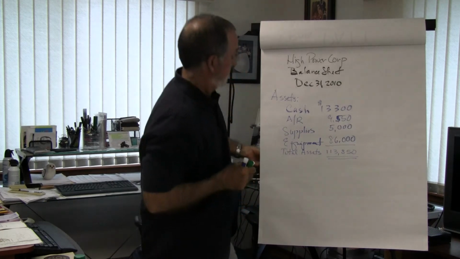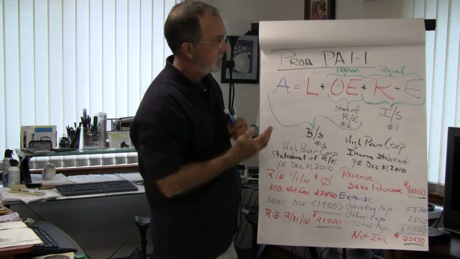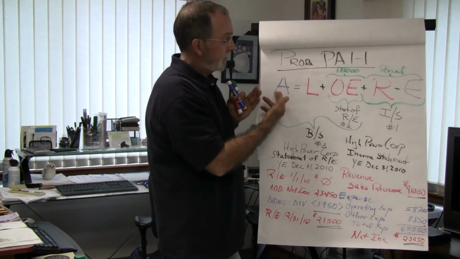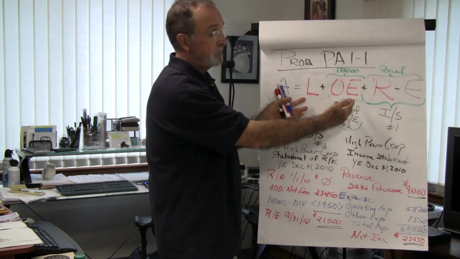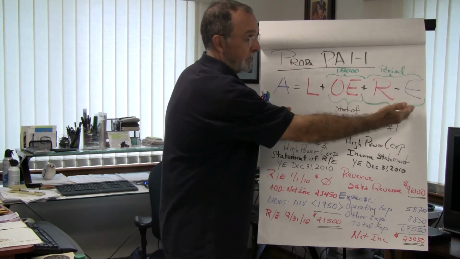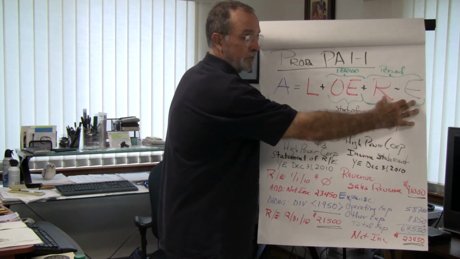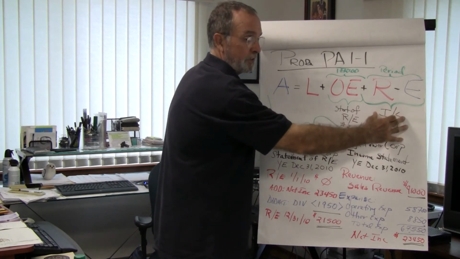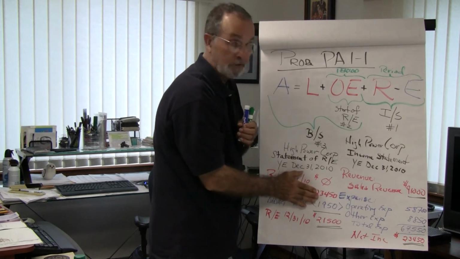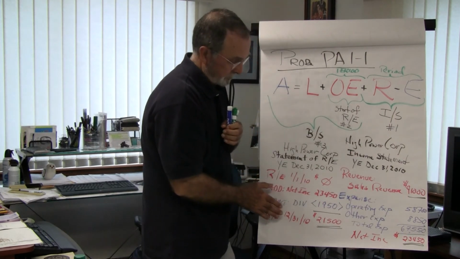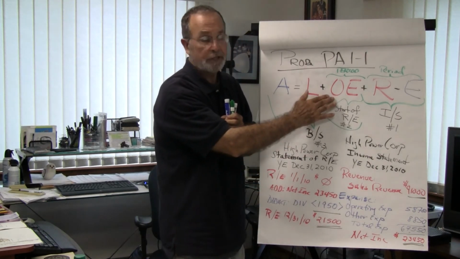Now, just as our accounting equation shows, assets must always equal liabilities plus owner's equity, plus revenue minus expense, keeping in mind that our revenues and expenses are eventually incorporated into the owner's equity amount through the statement of retained earnings. So we add our net income to retained earnings, which is part of owner's equity.